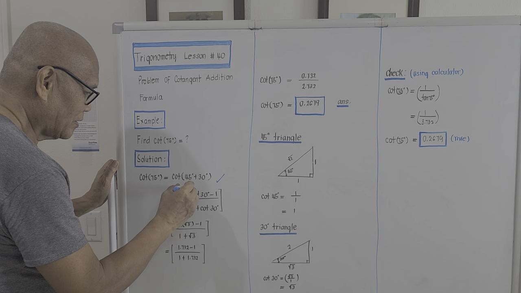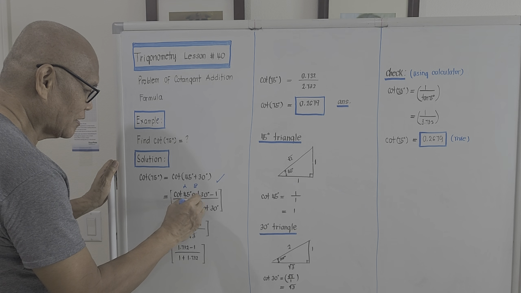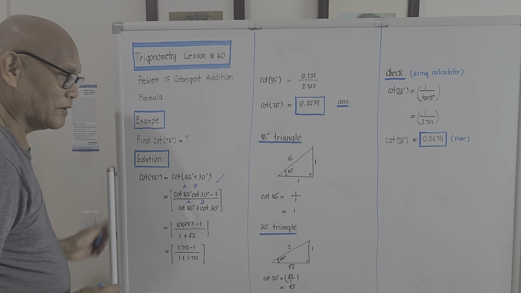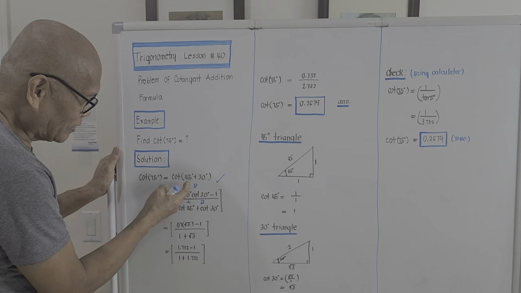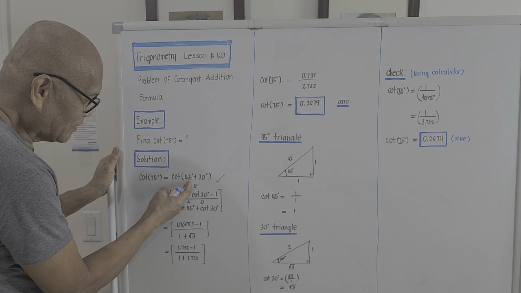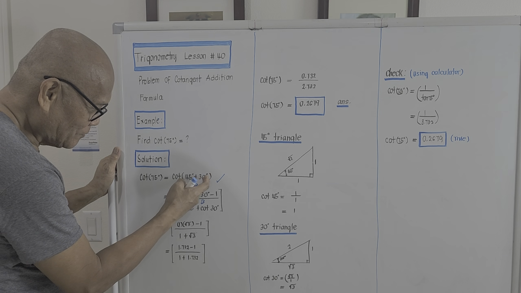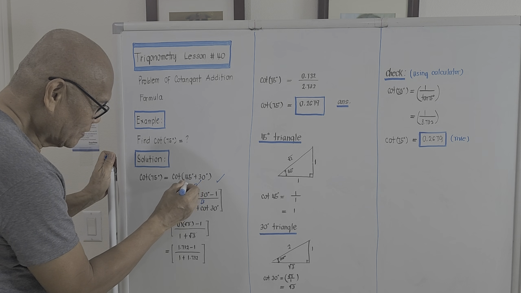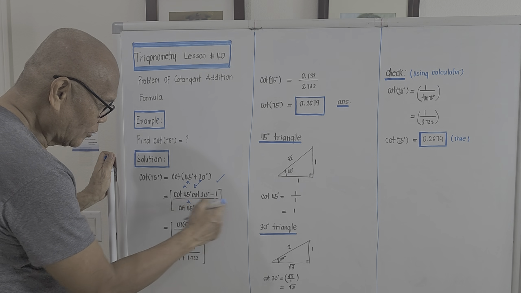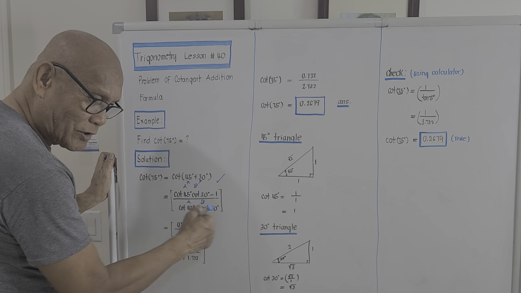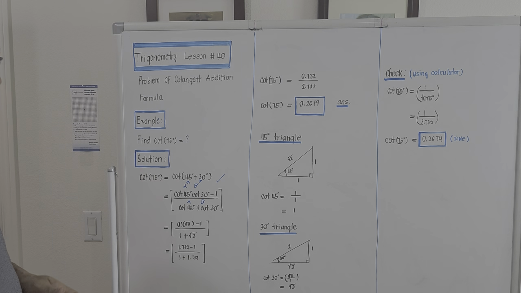This is angle A, and that's angle B. Meaning to say, if we try to expand this one, it should be the cotangent of the first angle times the cotangent of the second angle, where B is 30 degrees and A is 45, minus 1, all over the sum of the cotangents: cotangent of 45 plus cotangent of 30 degrees.